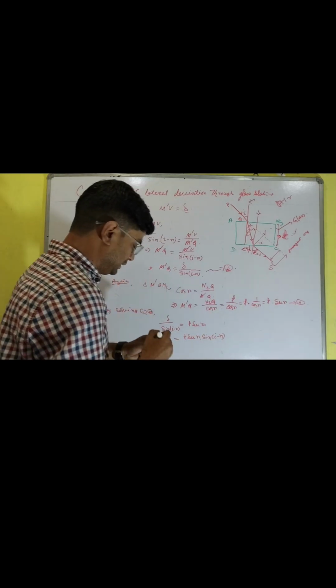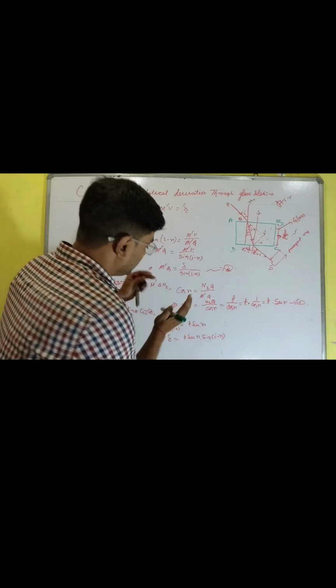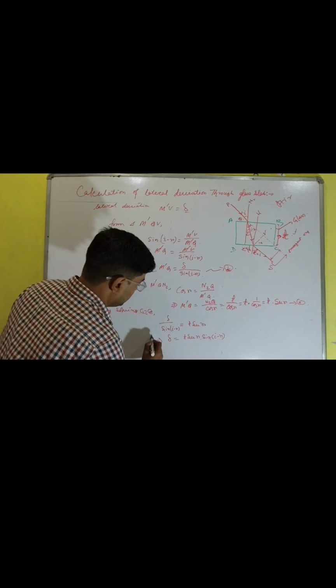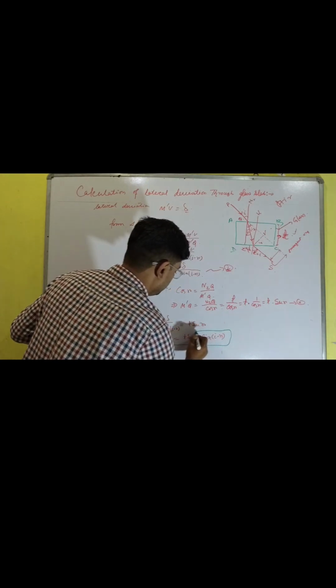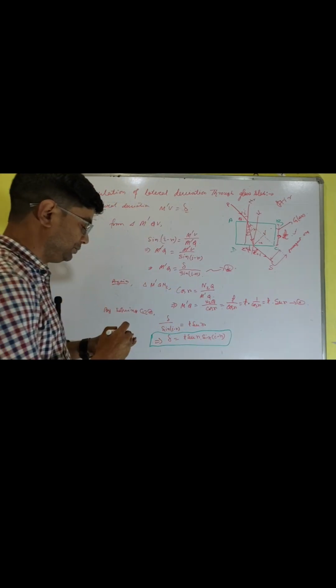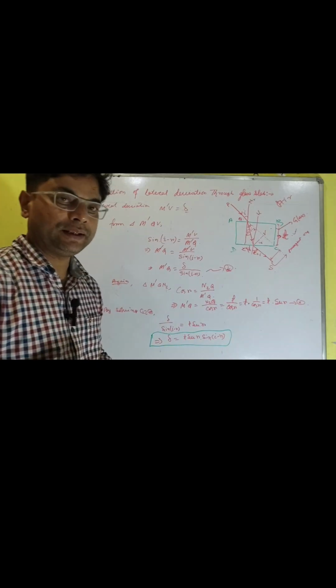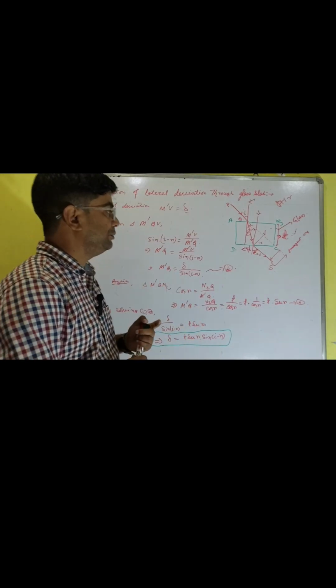See students, this is the expression that I am looking for here. This is the important expression that you need to find out from this practical to calculate the amount of deviation.